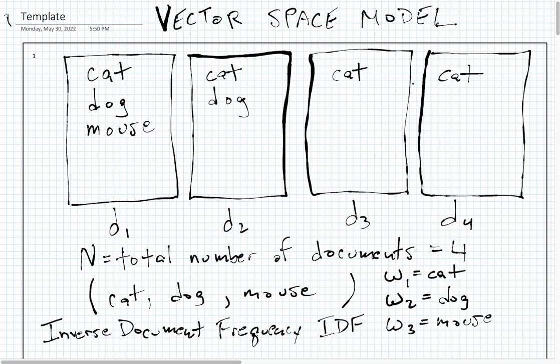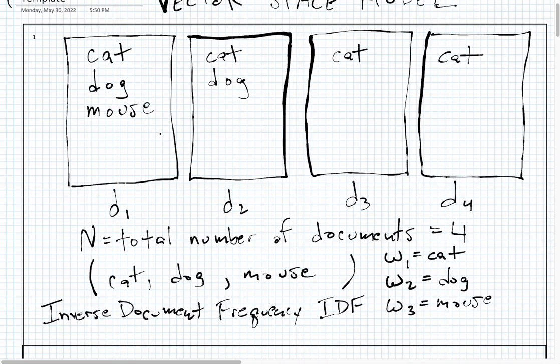But then if I come over here and I notice that dog is only in 2 of the 4 documents, so it seems like dog might be a word that is a better discriminator. And if I come over here and I notice that mouse, well, mouse only appears in one document, so mouse is even a better discriminator. So what the inverse document frequency is telling us is it's somehow a measure of how many documents contain a particular word that we're looking for.